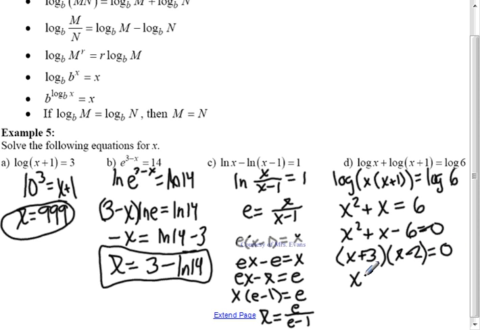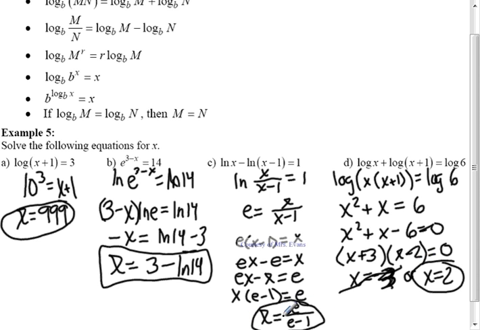So it appears that x is equal to negative 3, or x equals 2. However, if you tried to plug in negative 3, that would not be in the domain of our function. So we have to discard that answer, and the only answer we have is x equals 2.